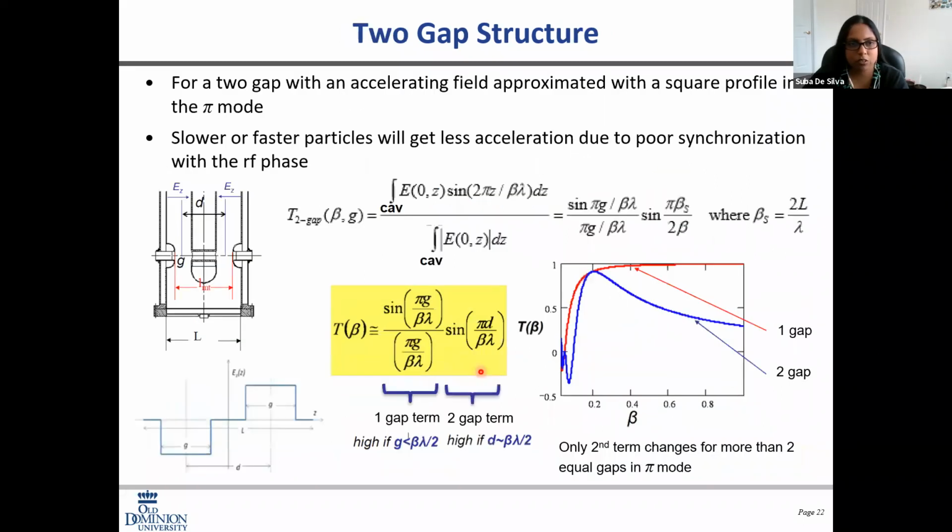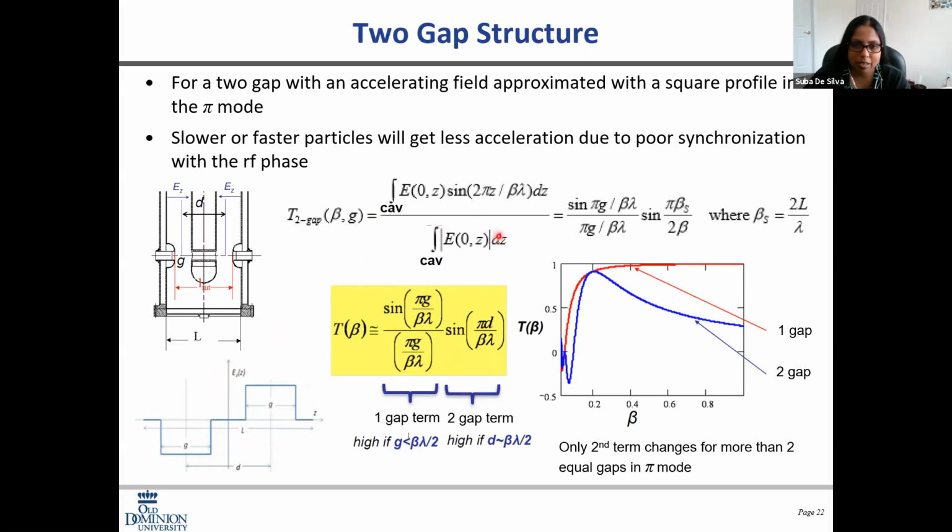Then when you go into two gaps, you have two gaps with alternating electric field between the two gaps. And then again, going with the square profile, it will be more of a sinusoidal than a cosine. So, similar to what you did for one gap, you can integrate the field for the full cavity, including both the gaps from here to here.